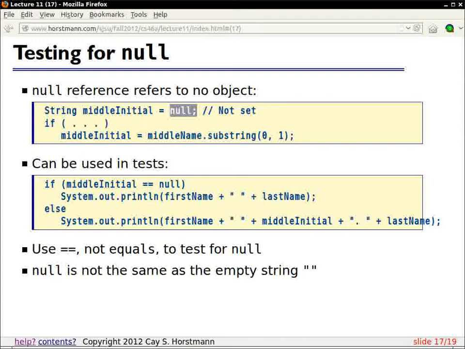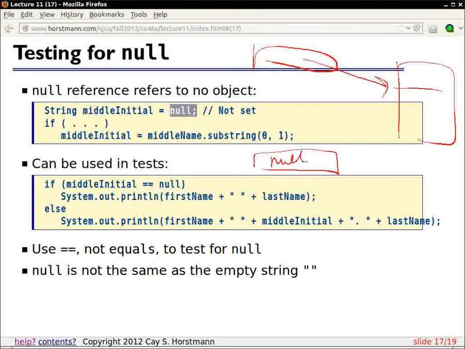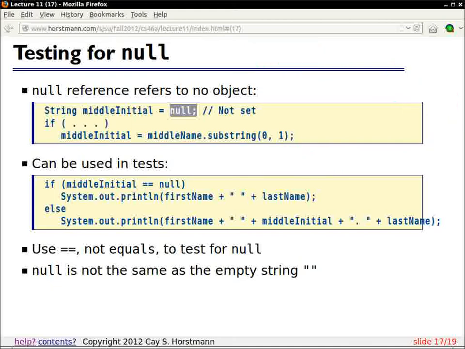So remember how we draw these diagrams, we have the variable, and normally the variable points to some object. But if it's null, then there is a special value called null stuck in here, and it doesn't point to anything at all. And so over here I have a situation where I have a middle initial, and I want to make use of the fact that some people don't have a middle initial.